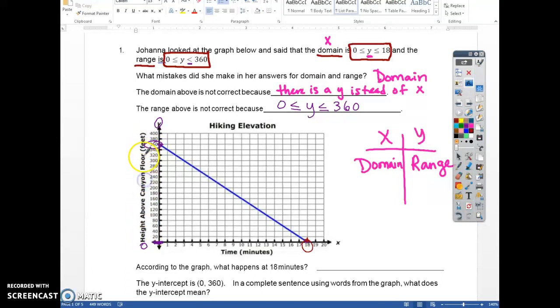So the height above the canyon floor, we're going to be at 0 here, so we're on the floor of the canyon. So it's at 0 feet, which is the floor of the canyon. Okay, you're at 0 feet. You reached the floor.